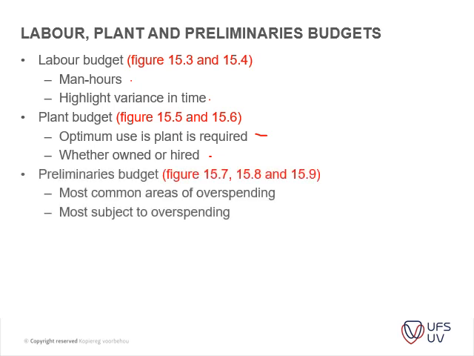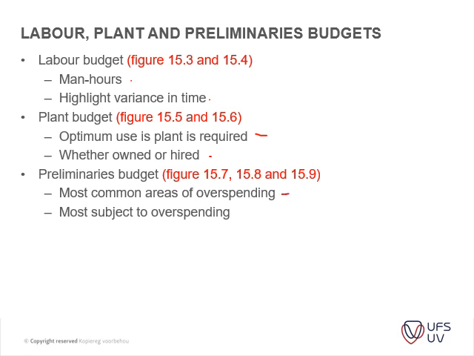Then going to your preliminary budgets, this is now figures 15.7, which is on, sorry, here we go, it's on page 339 and 340, and your most common areas of overspending, it should be highlighted.